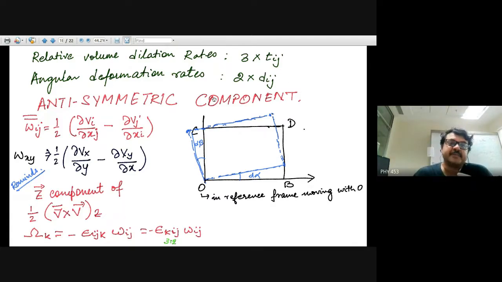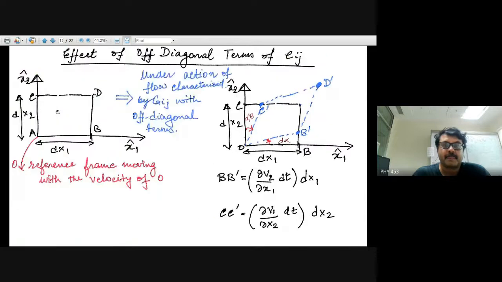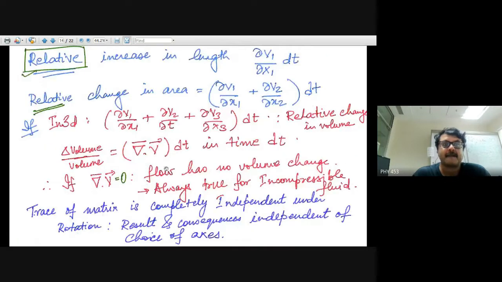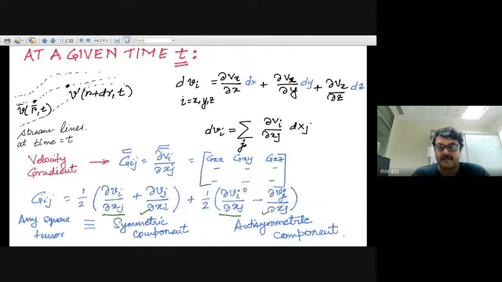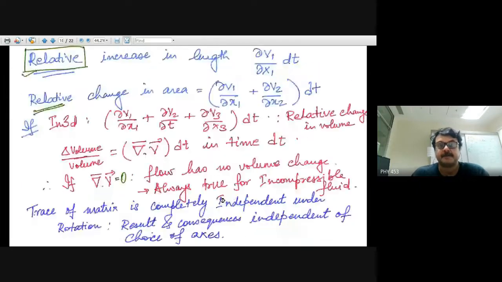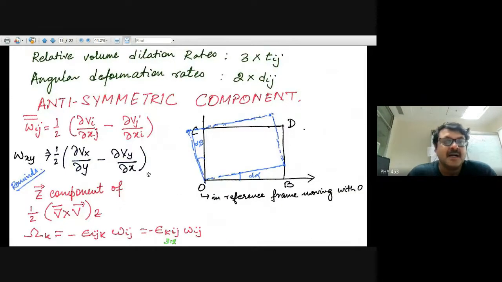Now, what does the antisymmetric component do? The antisymmetric component, as we saw, is half ∂vi/∂xj.